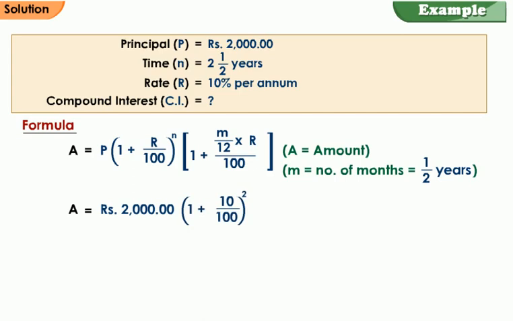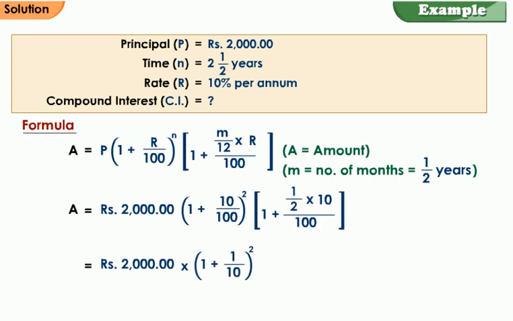That gives us rupees 2000 into (1 plus 1 by 10) whole square into (1 plus 1 by 20). That gives us rupees 2000 into (11 by 10) whole square into 21 by 20.